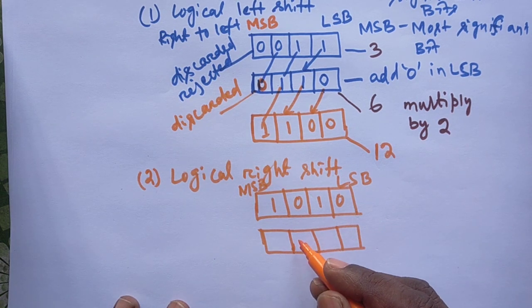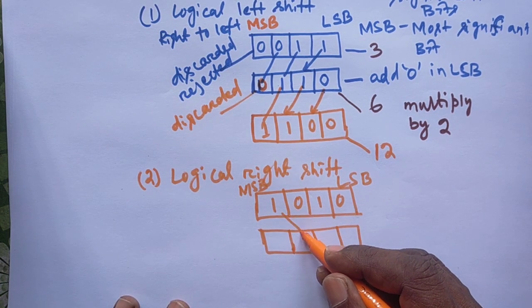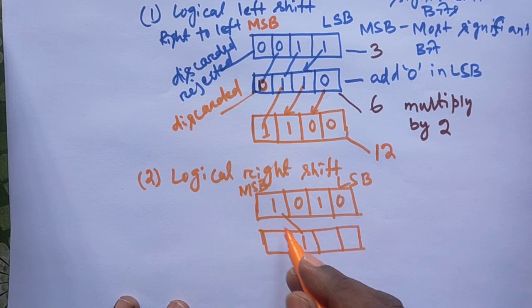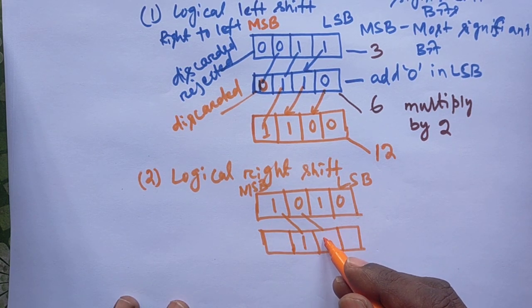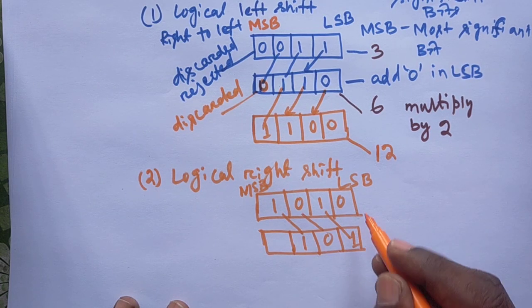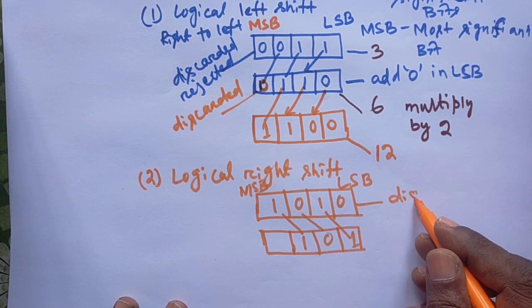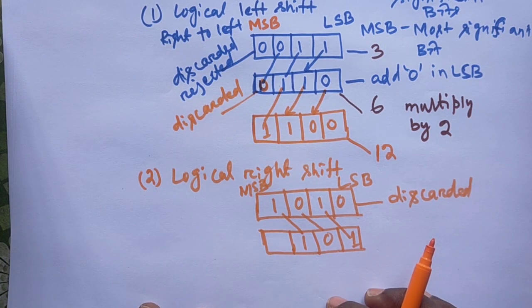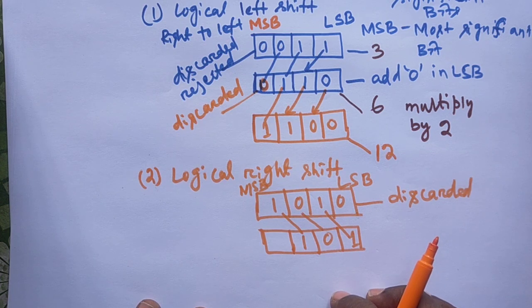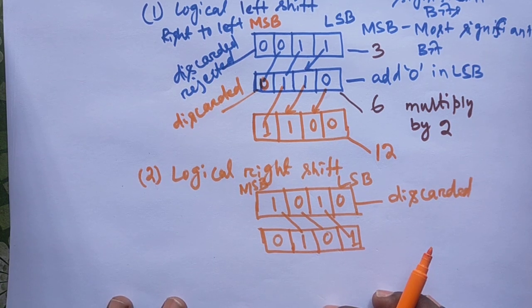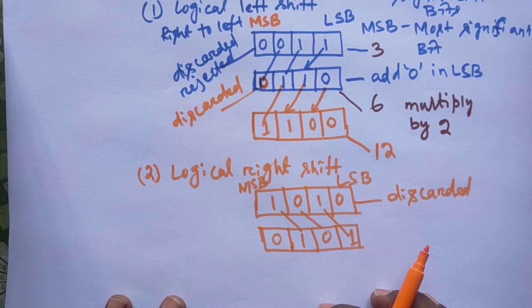The same cases apply. Here the first one is not filled up, so it shifts to 1, the second position shifts to 0, here it shifts to 1. But this will be discarded or rejected. Since the first position is not filled up, same thing, we just fill it up with 0.